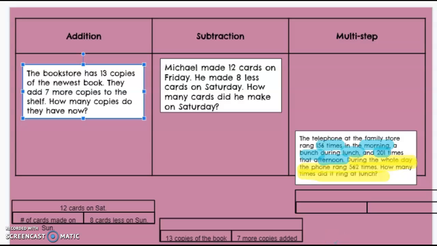The whole day was 562 times. So for the whole thing, it never rang more than 562 times. 562 total phone rings. I'm trying to figure out how many times it rang at lunch.